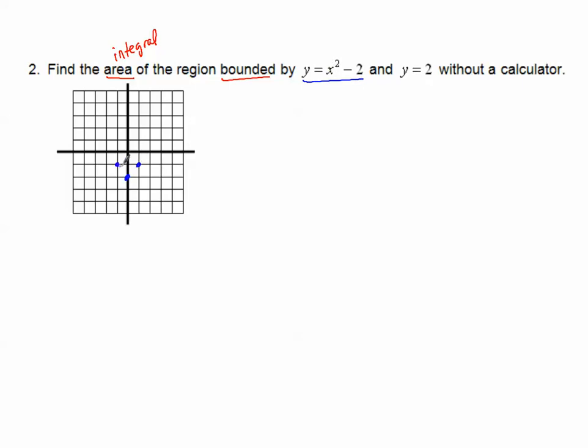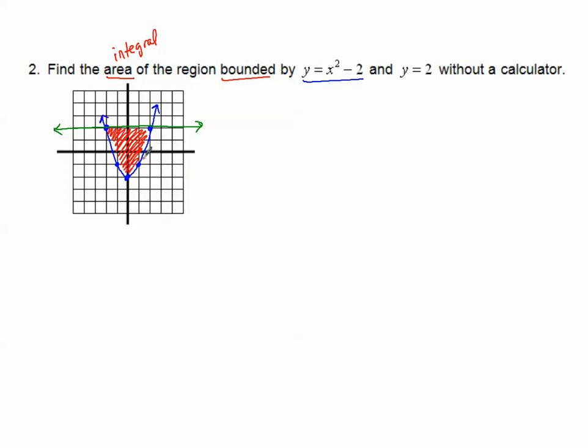So normal size parabola, I'm going to plot those points. And straight line, y equals 2. Here's y equals 2. Easy horizontal line. Now I shade the part that's bound by the two graphs, and that's helpful to shade so I keep my eyes focused on the region.